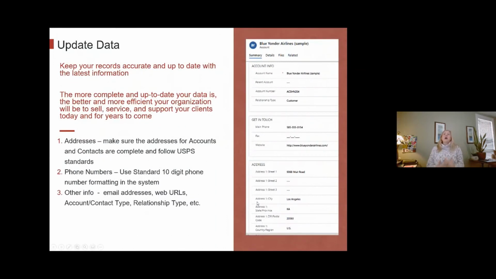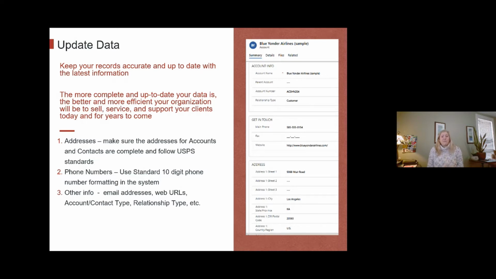So the first one, update data. You want to keep your records accurate with up-to-date data with the latest information. You see something that's wrong, go ahead and update it. Make sure addresses follow the standard U.S. Postal Service account format. We have some tips that I can send you for some standardizations with addresses, but I'll share really quickly.